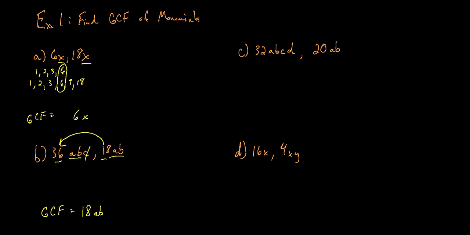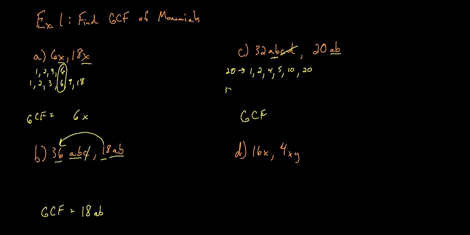Part C, we're given 32ABCD and 20AB. We should recognize right off the bat that they share AB. They do not share CD. And then with 32 and 20, we'll go ahead and write out the factors. That's for 20.